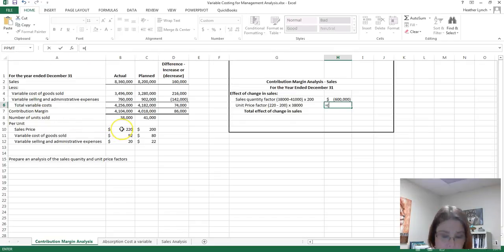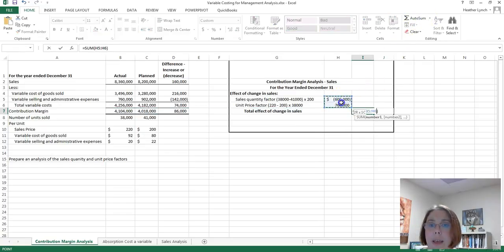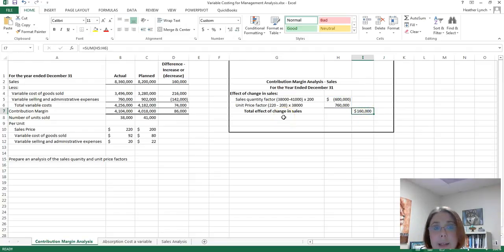So we have our 220, that was actual, minus what we planned, and then we take that times our actual. So that's 760,000. So we can add these two together, and we have total effective change in sales is 160,000.